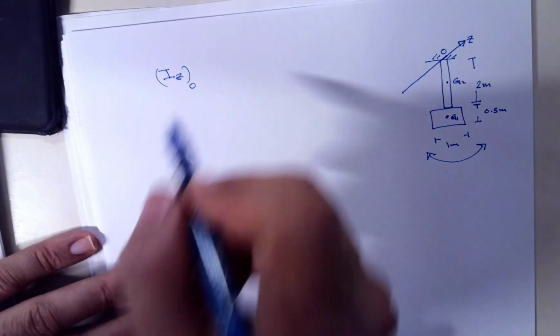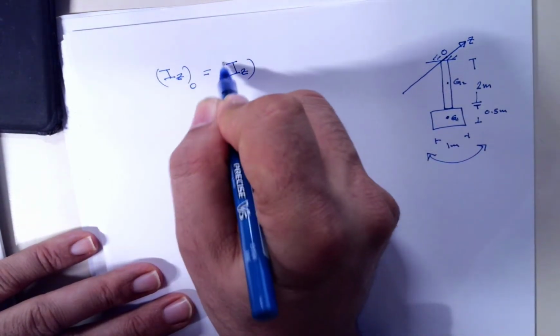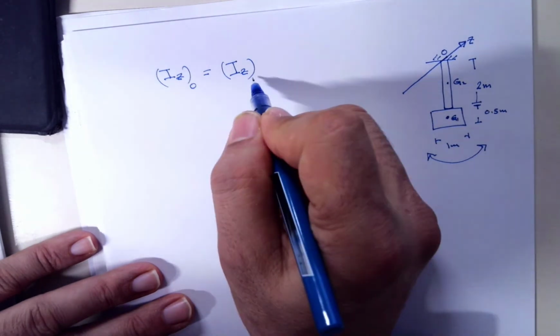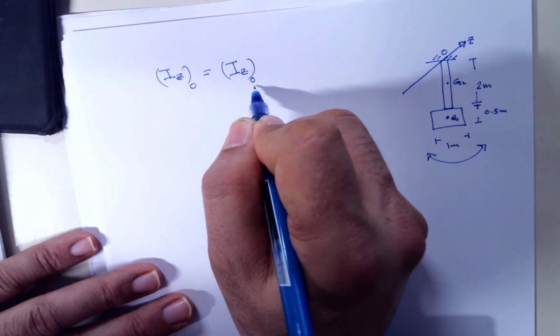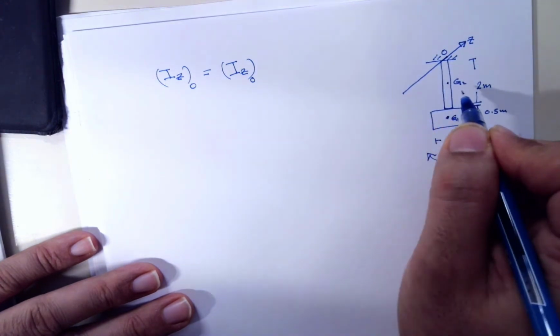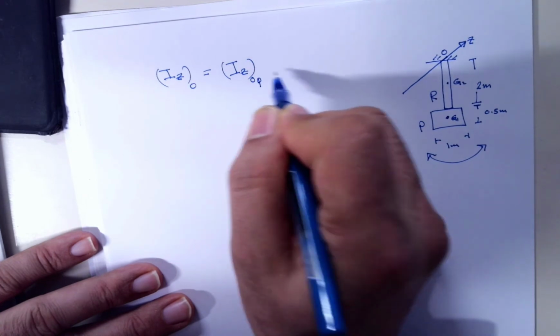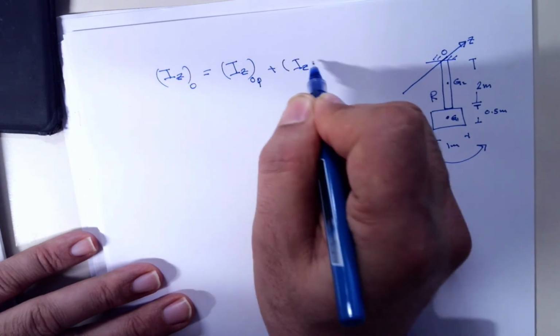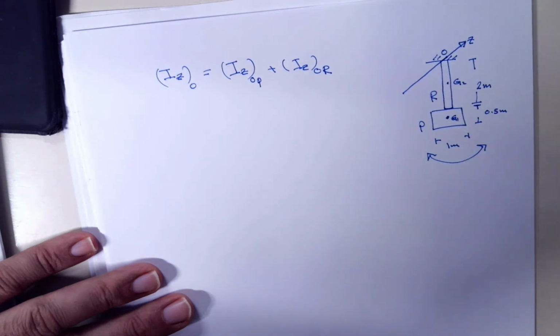So how can we get that? We need to find the mass moment of inertia about O for the plate, and we call this the plate and this the rod. So this is for the plate plus the mass moment of inertia for the rod about O.